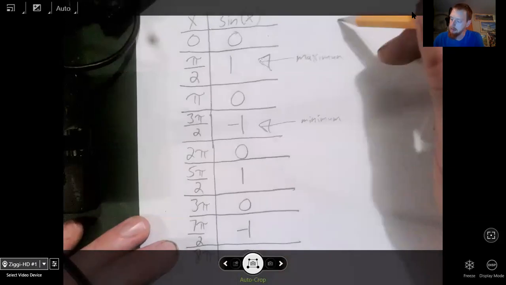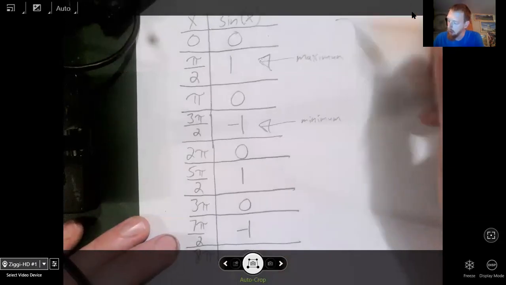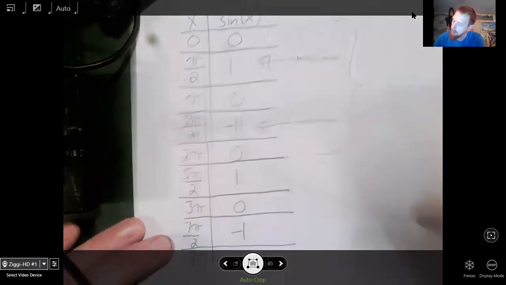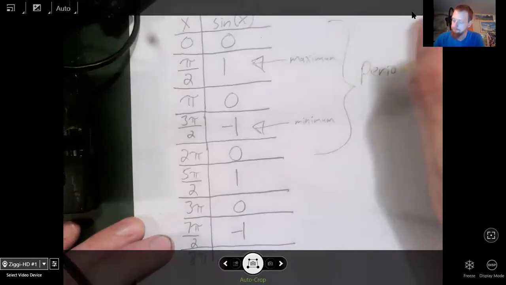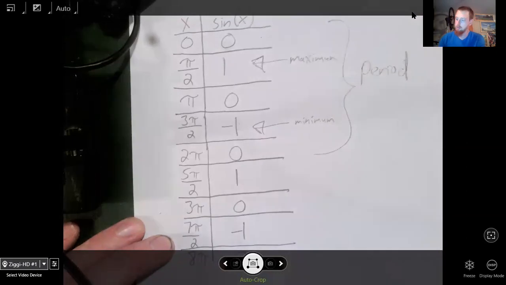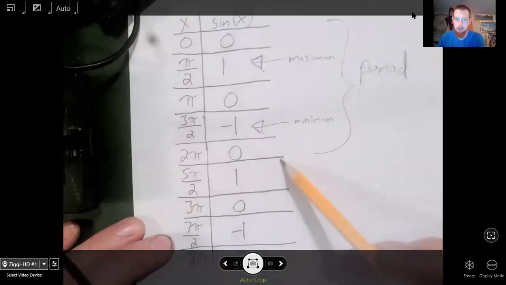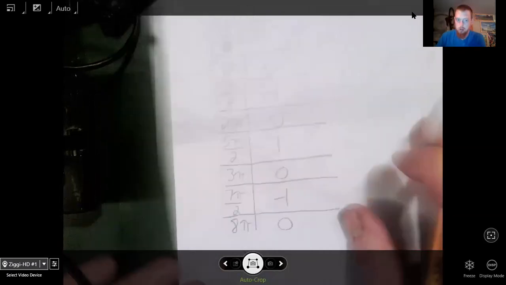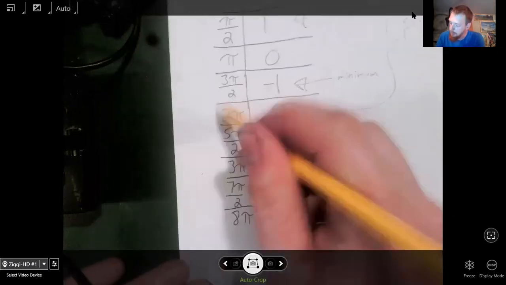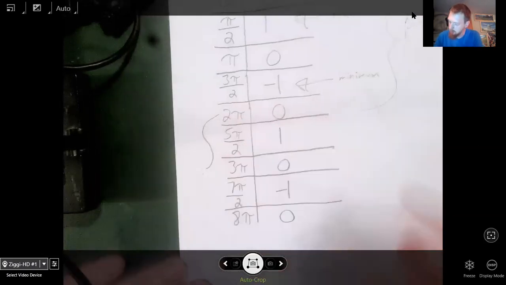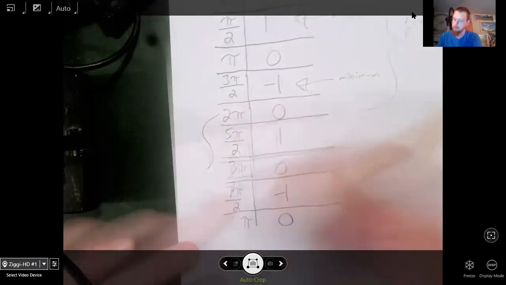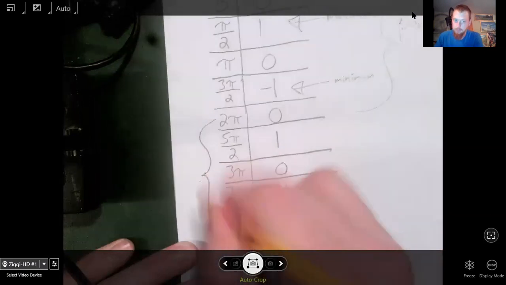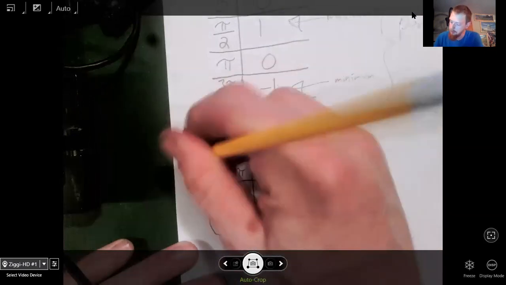So what that means is the length of that distance that it takes to go through one complete cycle, that's called a period. From 0 to 2 pi, that's one period. Then from 2 pi to 4 pi, that's another period.